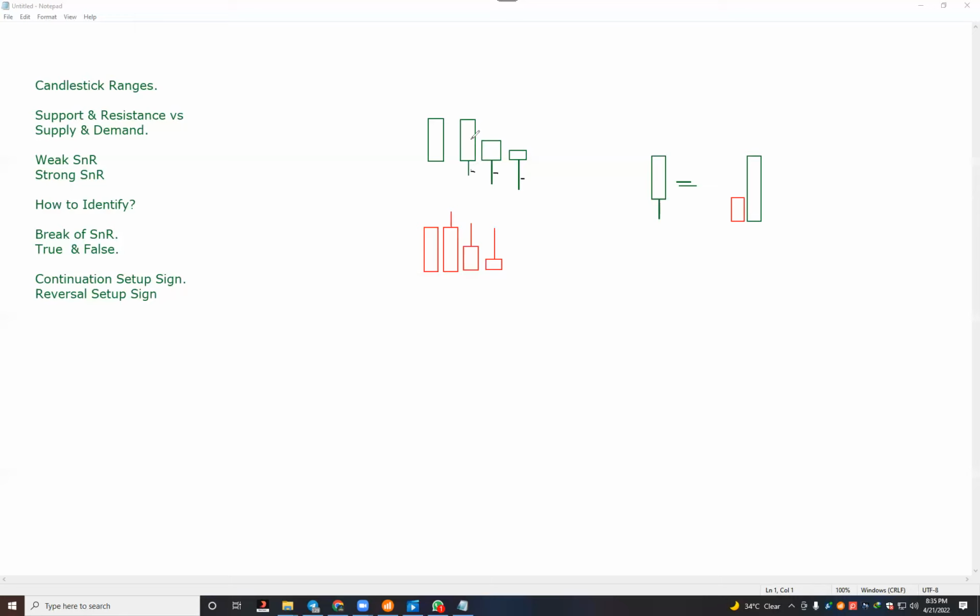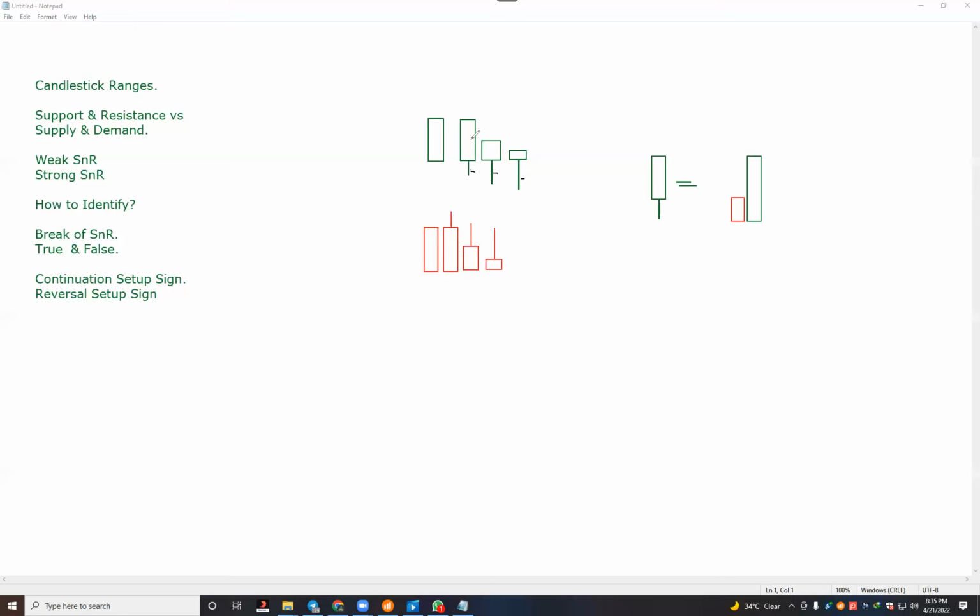When the wick is from the upper side, whether the wick is small or big, it doesn't matter. Now we can say that the buyers control the market. When it reached this area, who entered? The sellers entered.